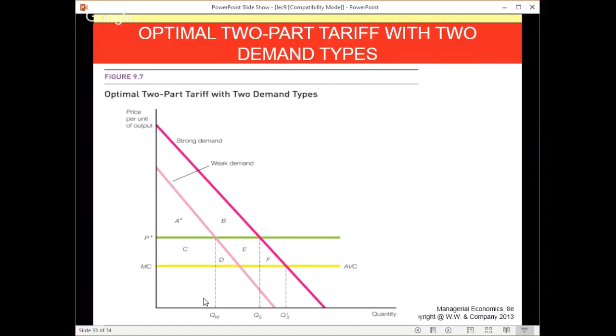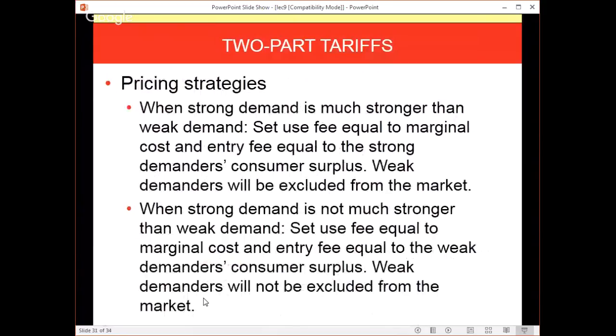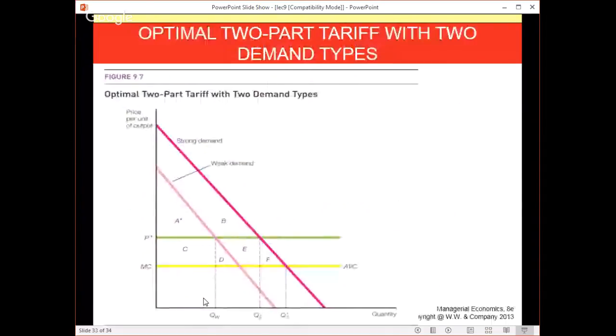No, not quite. Okay, let me go back. When the strong demand is much stronger than the weak demand, I set the user fee equal to marginal cost and the entry fee equal to the strong demander's consumer surplus. So what's the strong demander's consumer surplus? I'll give you a hint. It's bigger than anybody has said so far.